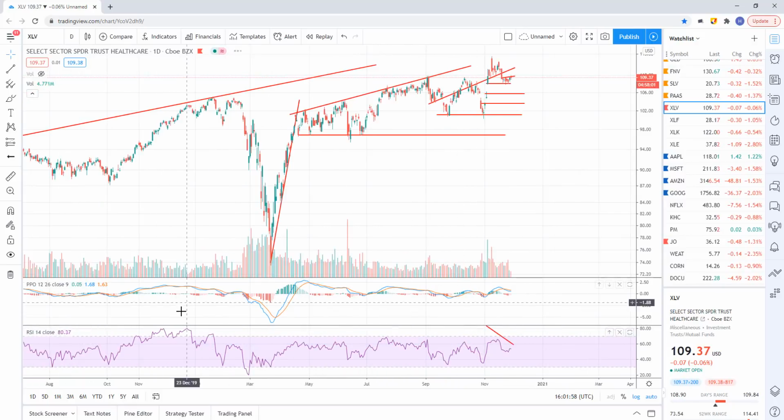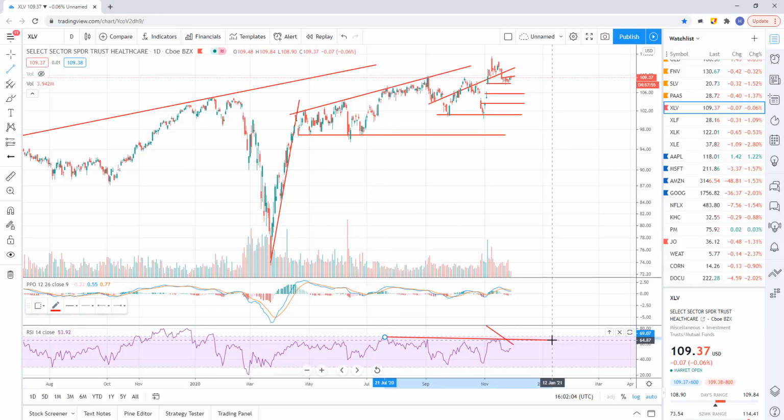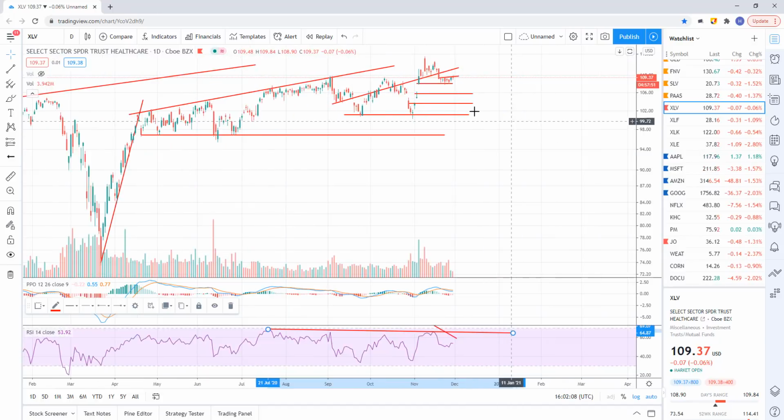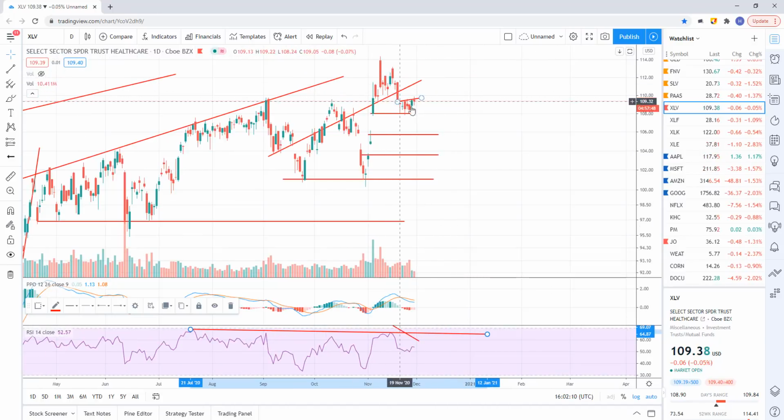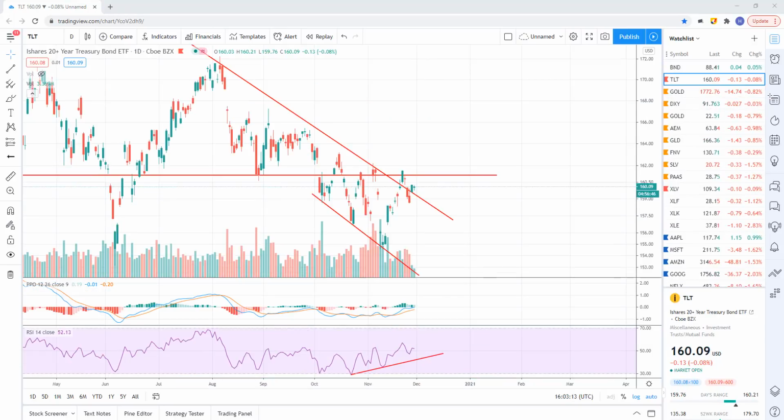You look at the daily, and the daily has big negative divergence right there. All this cluster of daily candles were divergent highs. So I think we're heading down to fill these gaps, and then I'm looking at 97. That's my target, 97 for this XLV.